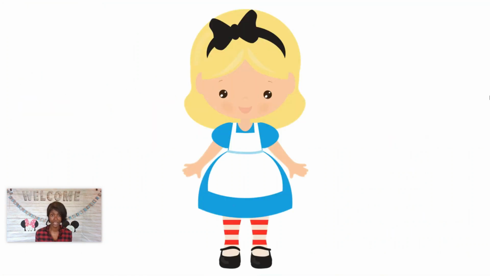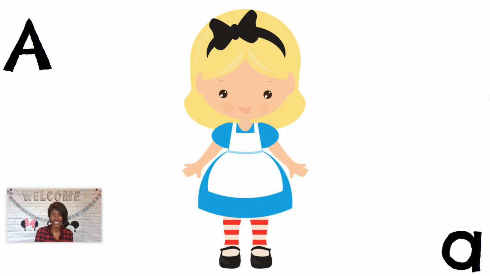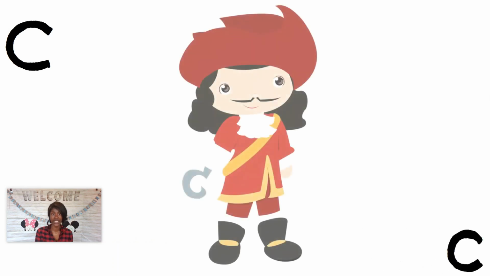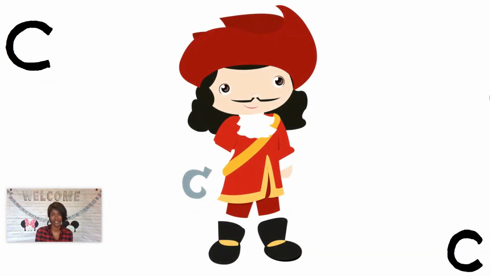This is our first character. We've got Alice. A says ah, just like in Alice. B says b, just like in Buzz Lightyear. C says k, just like in Captain Hook.